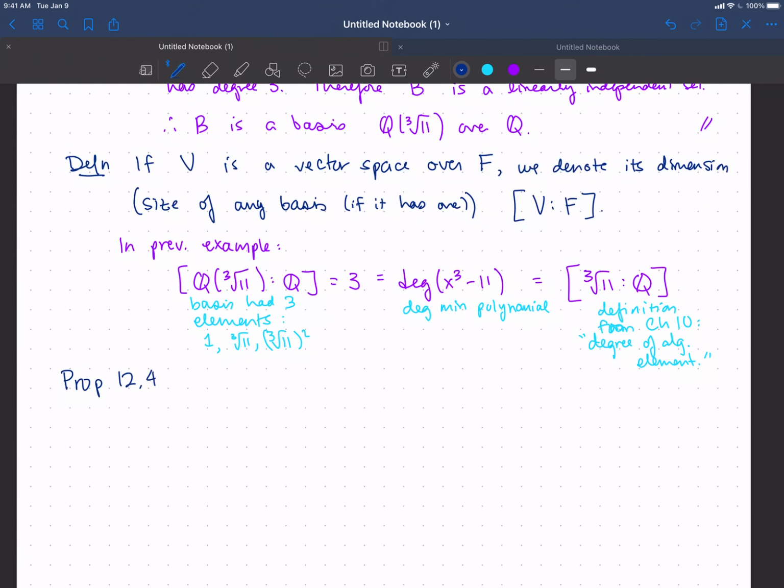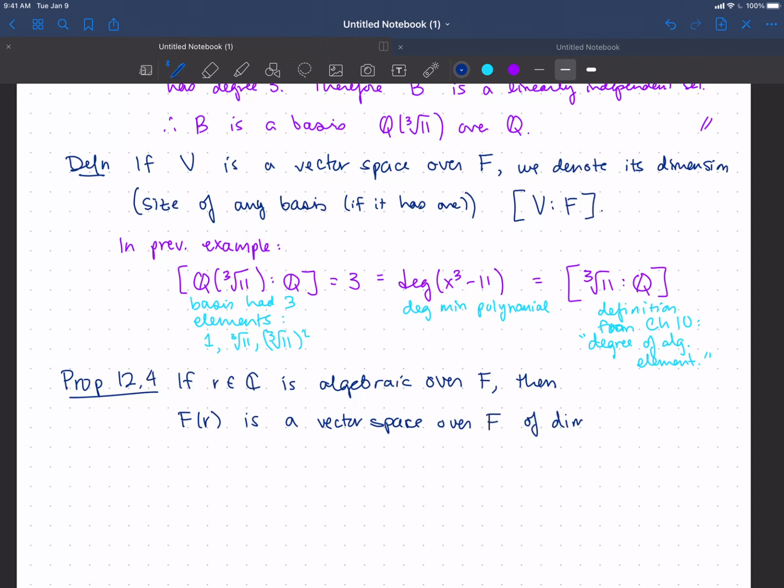Proposition 12.4 says, if I take a complex number r and it's algebraic over the field F, then F adjoin r is a vector space over F, the scalars come from F, of dimension n.